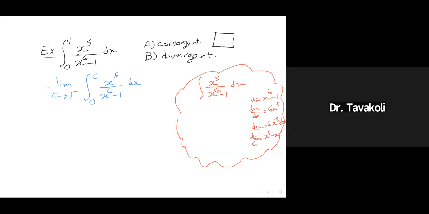Why did I divide by 6? Because in this integral, I have x to the 5 dx. I don't have that 6. And this is du over 6, and this is u. So this becomes the integral of 1 over u du over 6.